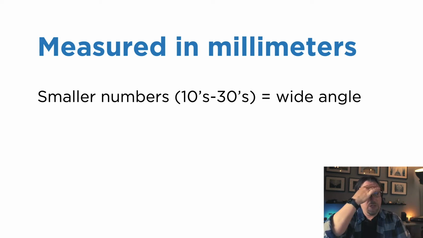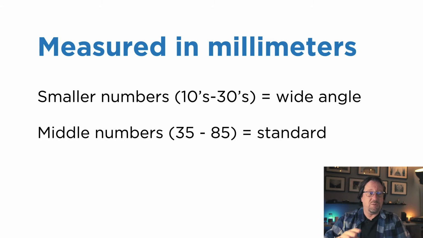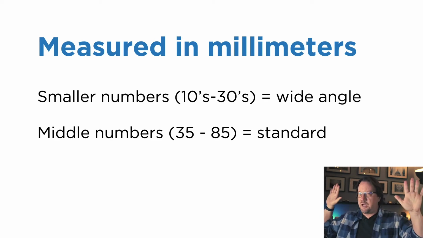Then we get to the middle numbers, somewhere mid 30s to mid 80s, and that's called a standard, or normal, lens. The reason for that is that this focal length is very close to replicating the field of view from our eyes. Now, our eyes are pretty amazing because in addition to what we see, we also have the peripheral part, the part that's off to the side.